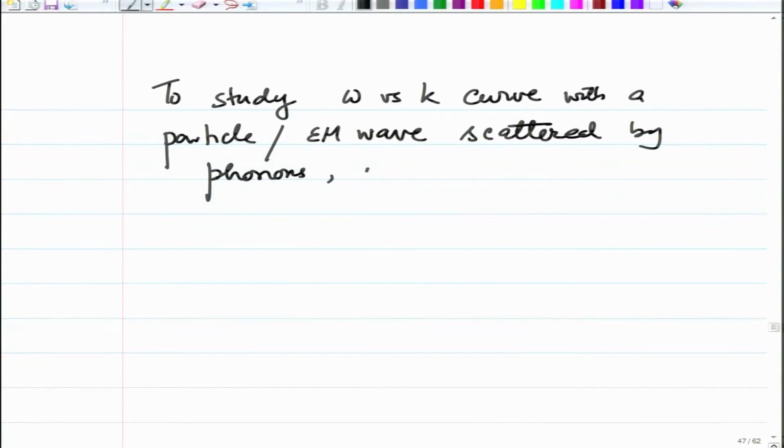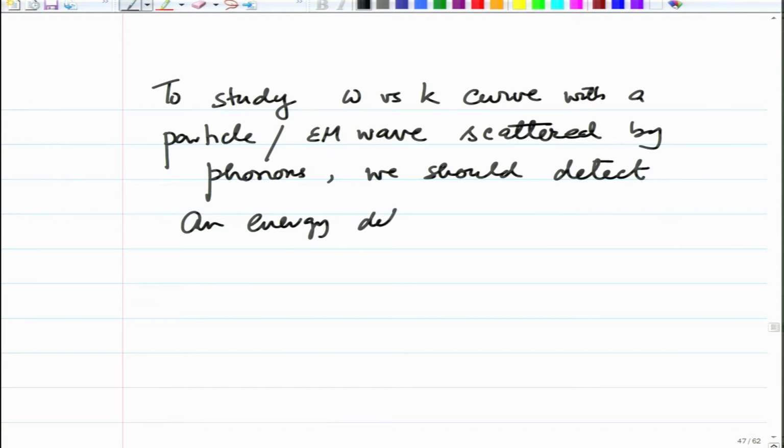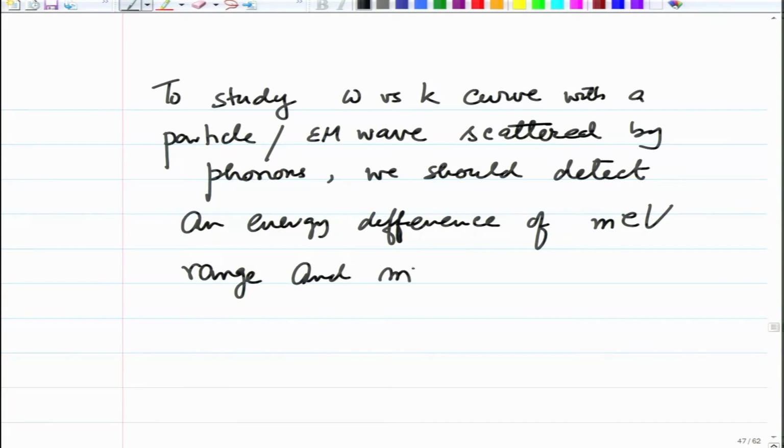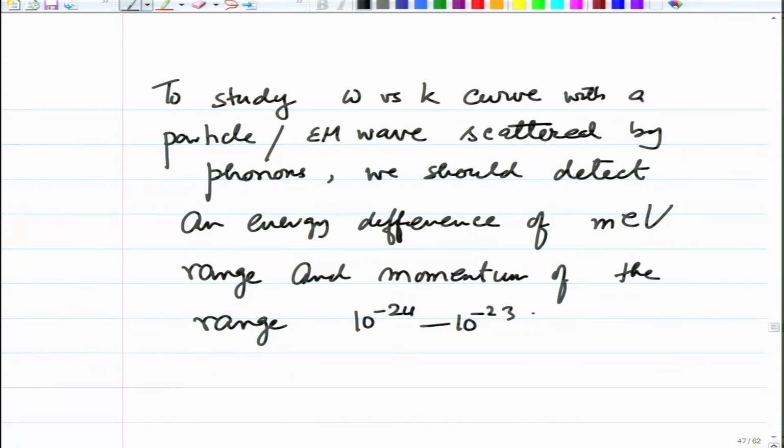I should detect an energy difference of MeV range and momentum of the range 10 raised to minus 24 to 10 raised to minus 23 kilogram meter second inverse.